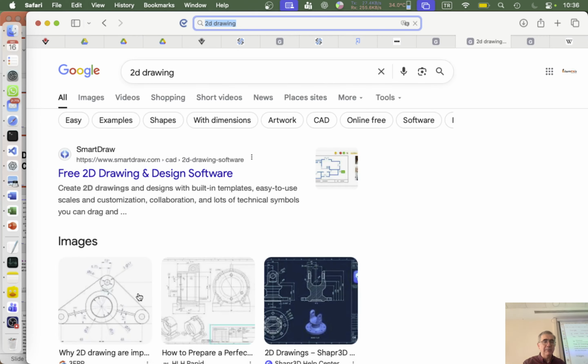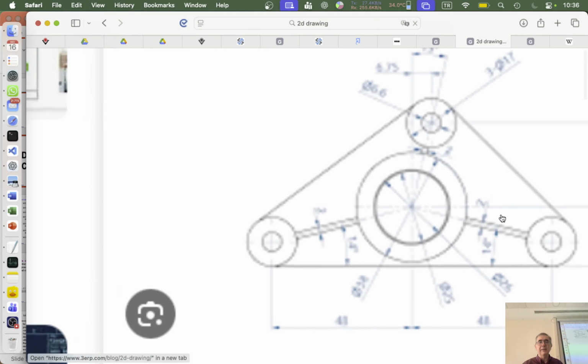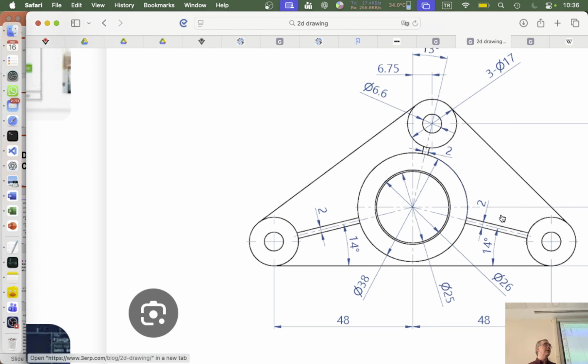Real two-dimensional picture is this. This is two-dimensional. It doesn't contain any three-dimensional knowledge. The other one did have three-dimensional information, back and forth information visually. But this one doesn't have it.